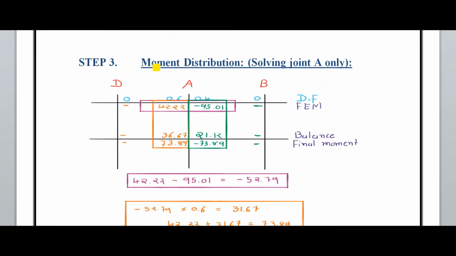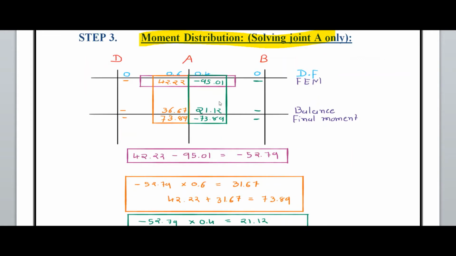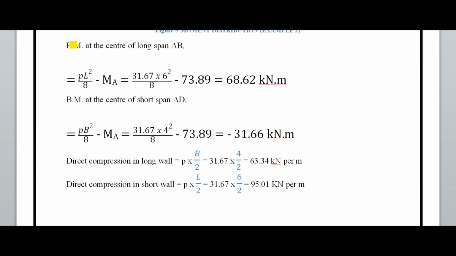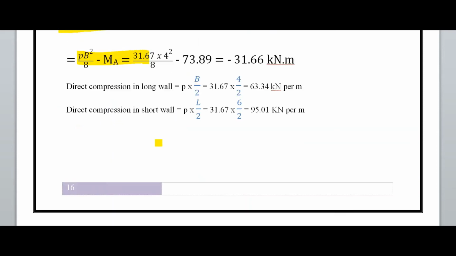Right? Now we are going to use the moment distribution method. After solving by the moment distribution method, we have to find the final moment, and the final moment we are going to find at the center of the beam. So PL square by 8 minus MA, and PB square by 8 minus MA. Then direct compression from the load.